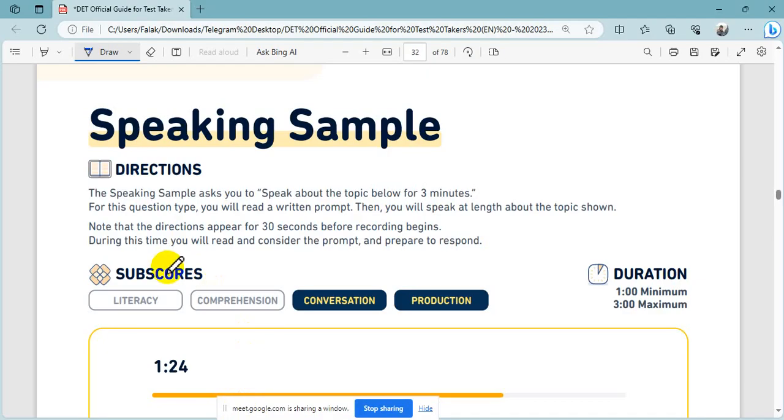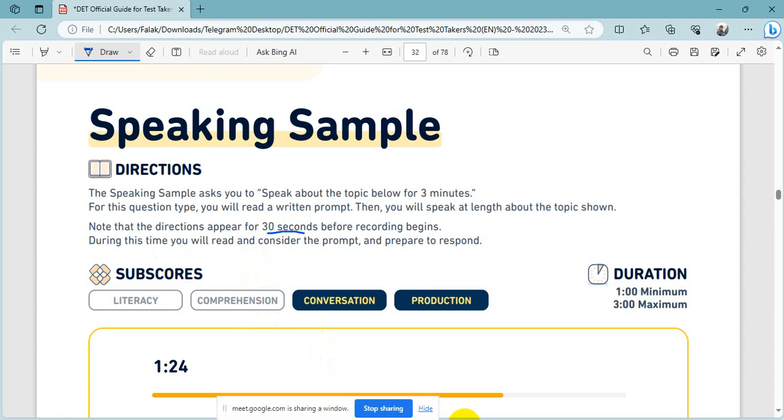For this question type, you will read a written prompt. Then you will speak at length about the topic shown. Note that the directions appear for 30 seconds before recording begins, and during this time you will read and consider the prompt and prepare to respond. Just keep in mind that you have 30 seconds to prepare for responding to this question.